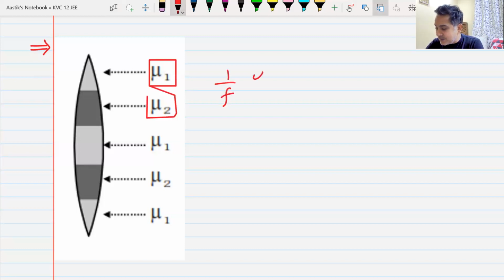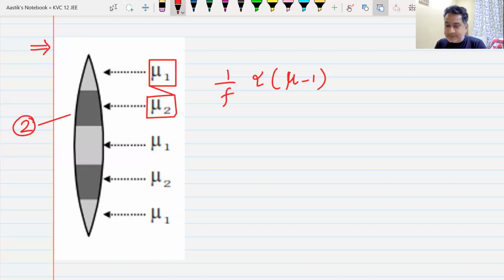Focal length, 1 by f is proportional to mu minus 1. Remember this concept. Depending on how many different refractive indices I have, we will have the same number of images. Here we have 2 refractive indices, mu1 and mu2, therefore the number of images is 2.